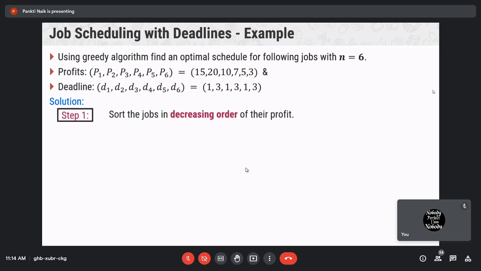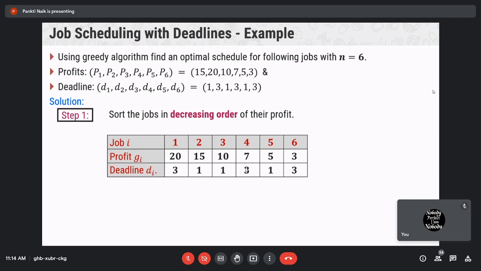To find the solution for these 6 jobs using the greedy algorithm, the first step is to sort the jobs in decreasing order of their profit. So we have a total of 6 jobs; make one table with job number, profit, and deadline, and write down all the jobs in decreasing order of their profit.